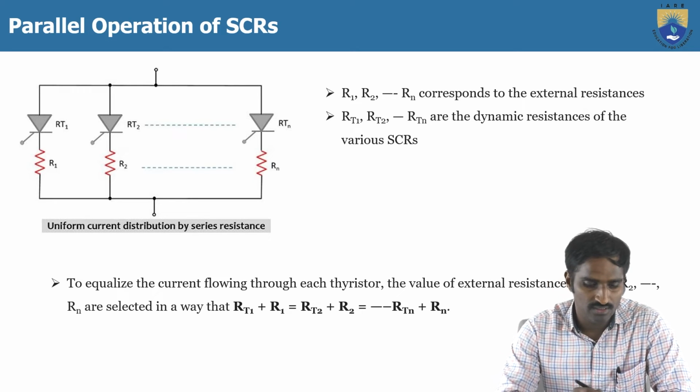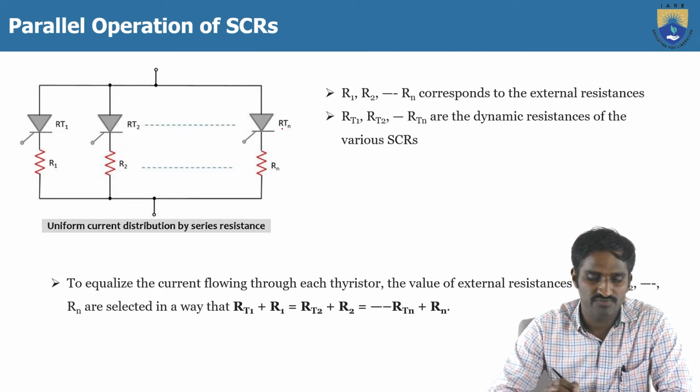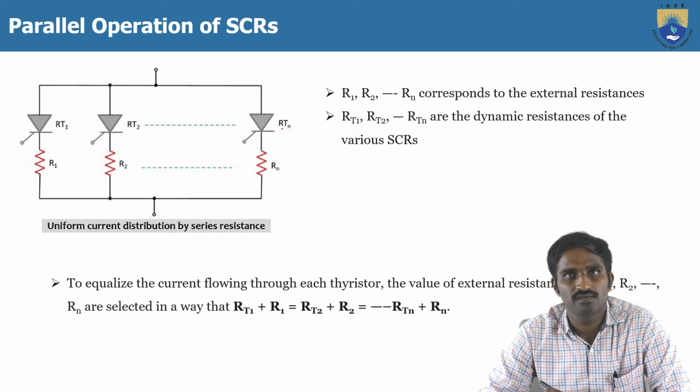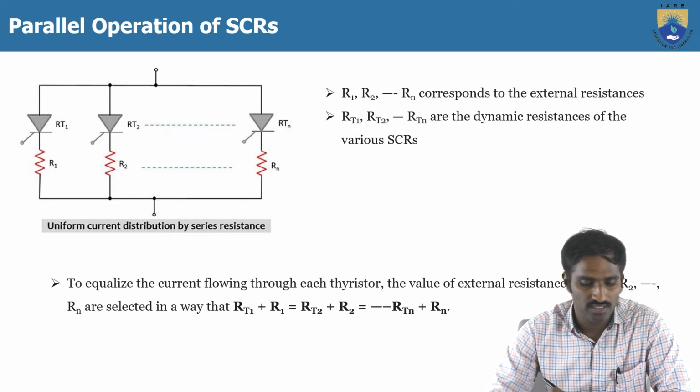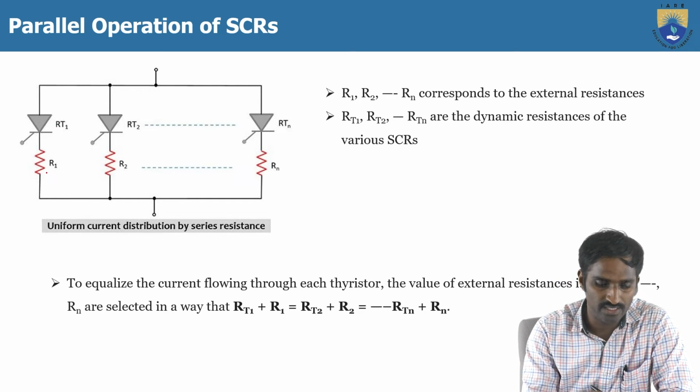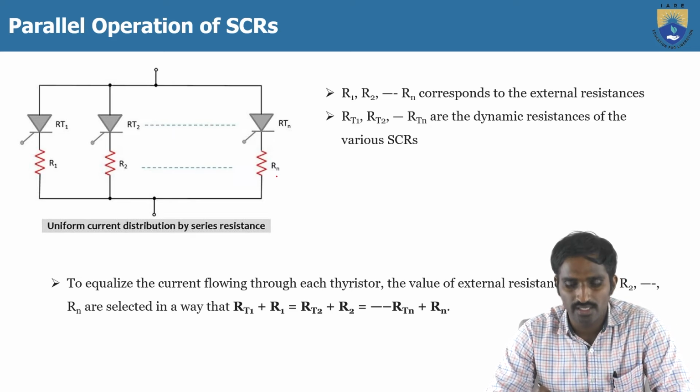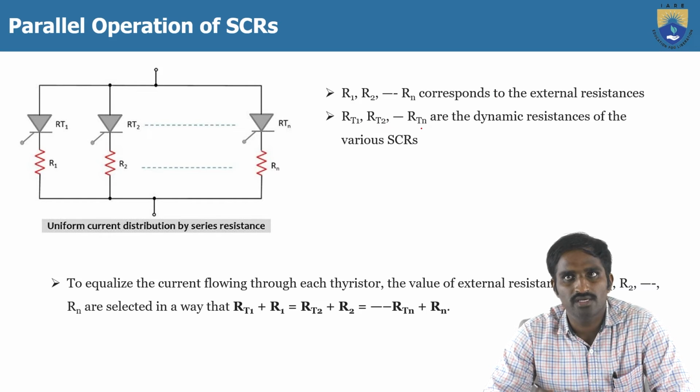As you can see, there are two different types of resistors in every leg: RT1, RT2, up to RTN, and R1, R2, and so on up to Rn. R1, R2, up to Rn correspond to the external resistance that we are going to connect, and RT1, RT2, up to RTN are the dynamic resistances of the various SCRs.